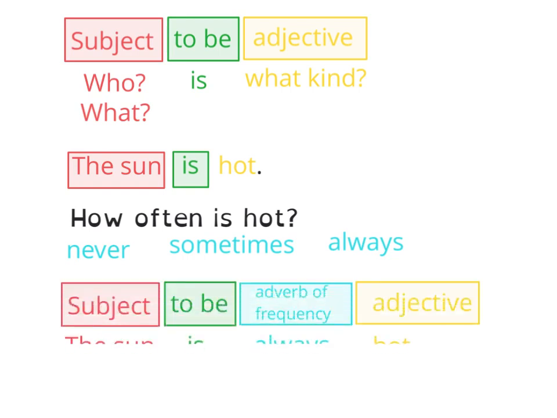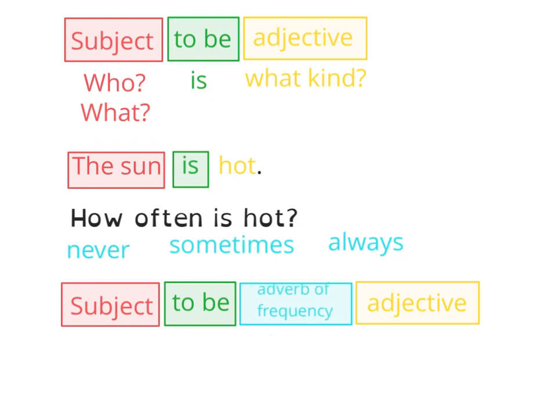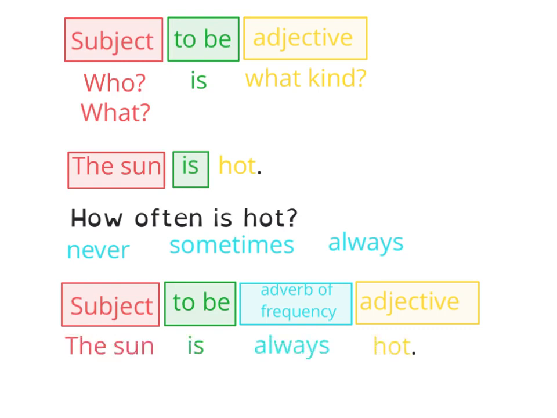So where we are going to put this is we have our subject and we have our verb to be, and over here we have our adjective. We are going to put the adverb of frequency right here in between the word is and the adjective. So it will look like this: The sun is always hot.